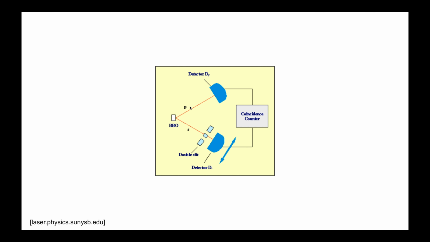So here we have another photon, P, and P and S are entangled in a way that their polarization directions are perpendicular to each other. Light, a photon, can be polarized in a linear way or in a circular way.